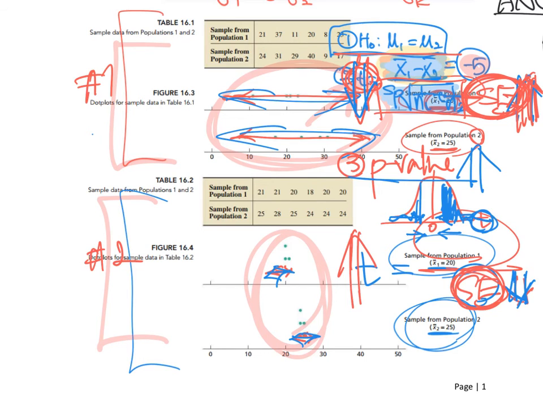If we have a very small p-value, then we reject the null hypothesis. But in example number 1, the p-value is increasing. We are going to have more chance to fail to reject the null hypothesis, because the p-value must be bigger than alpha. So now, step 4: more chance not to reject the null hypothesis.